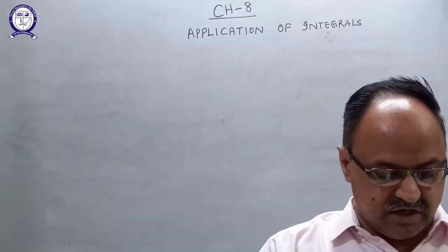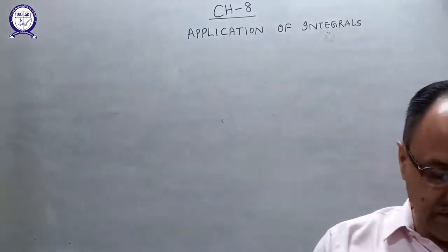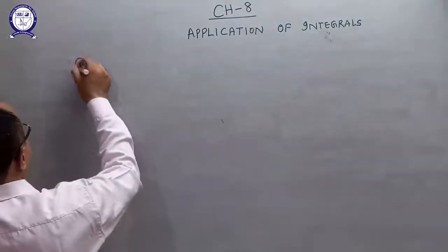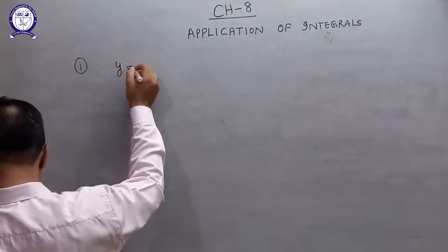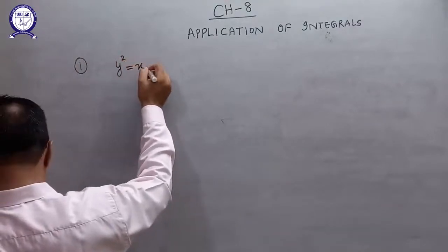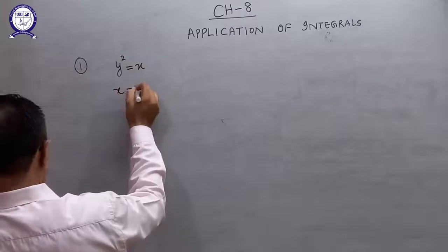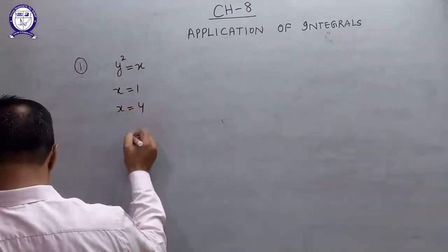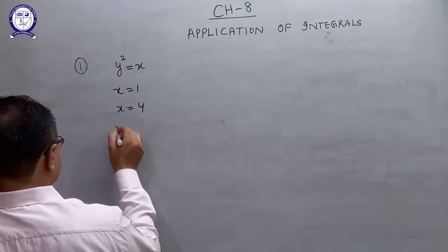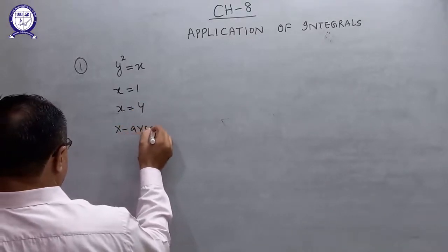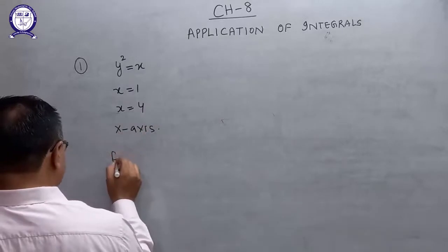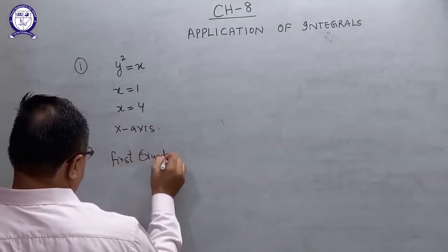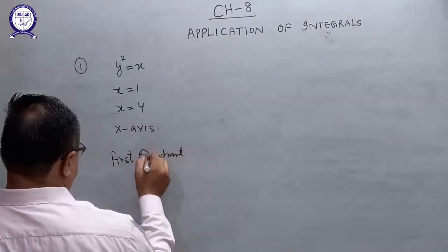Find the area of the region bounded by the curve y square is equal to x and the lines x is equal to 1 and x is equal to 4 and the x-axis, in the first quadrant.